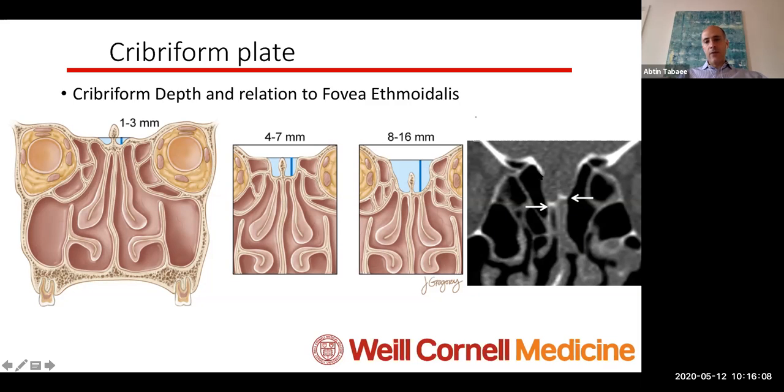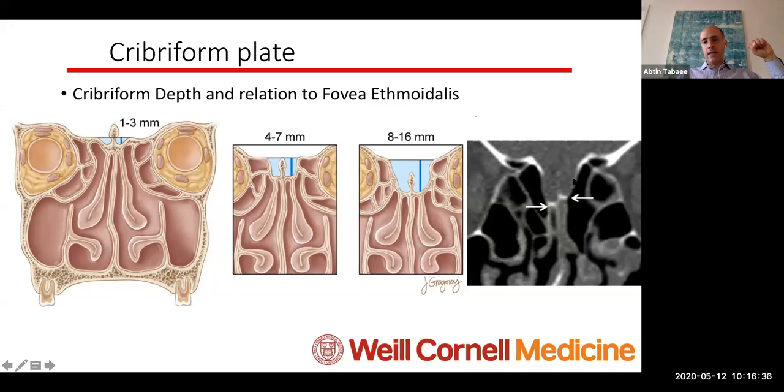And that is, if you have a patient like this that has a very long lateral lamella of their cribriform plate with not a lot of room for error when you're dissecting out these anterior ethmoid cells, it's a higher risk patient for a CSF leak. This is an incredibly thin bone, and it's very much in your field. And if you're not careful with your surgical instruments, especially the powered instruments, you're at risk for causing a CSF leak, either during the ethmoidal or the frontal portion of the surgery.